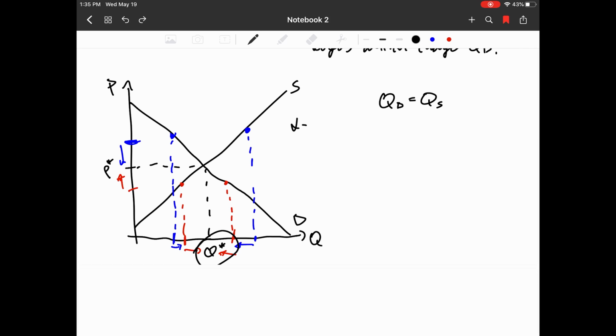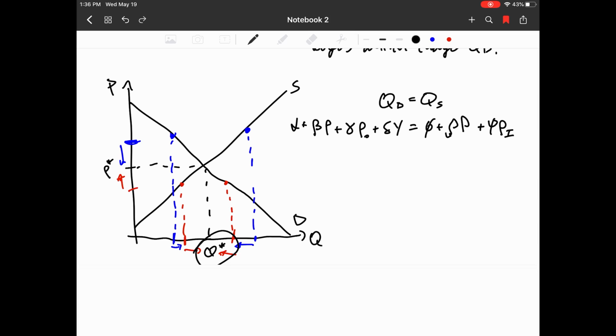So we have alpha plus beta P plus gamma P0 plus delta Y, and this is going to be equal to phi plus rho times P plus phi Pi.